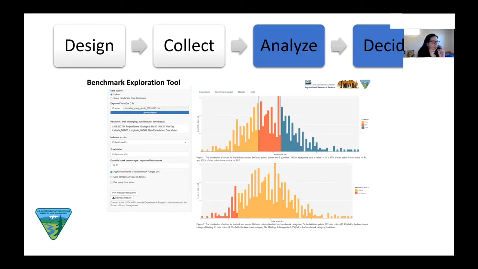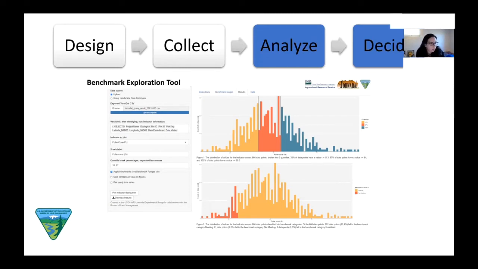And so Nelson's been working on a benchmark exploration tool that allows you to pull in your monitoring data and maybe explore the distribution and then set your benchmark value based on not just the distribution, but maybe other process-based knowledge.